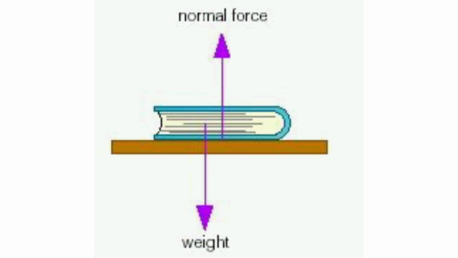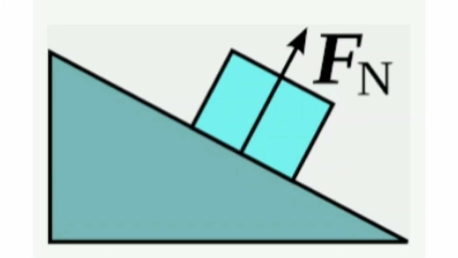The normal force is created whenever an object is in contact with a surface. It has equal strength to the force pressing the object into the surface, which is often the object's weight. Normal force acting on the object by the inclined plane.